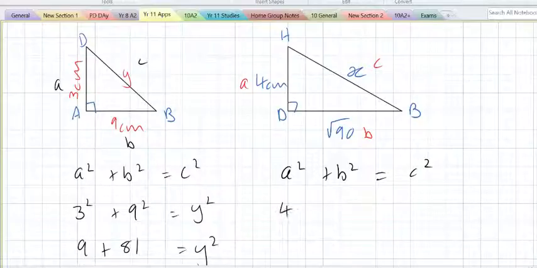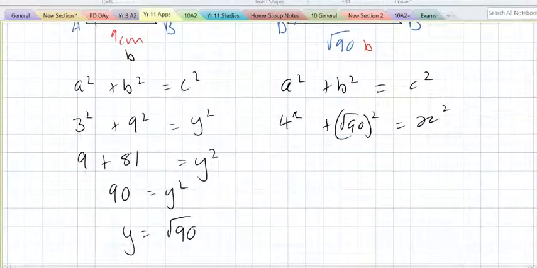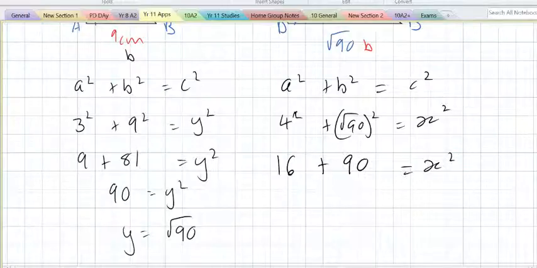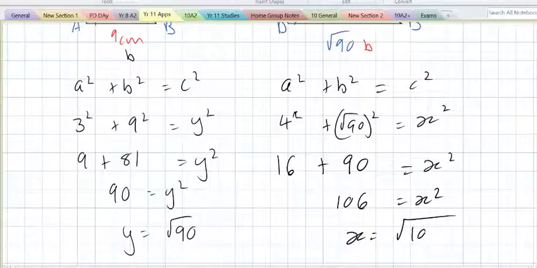A squared is 4, so 4 squared plus square root of 90 squared equals x squared. 16 plus, now what's square root of 90 squared? 90, yeah. And your calculator will help you there if you can't remember that one. So 16 plus 90 equals x squared. 106 equals x squared. X equals the square root of 106.